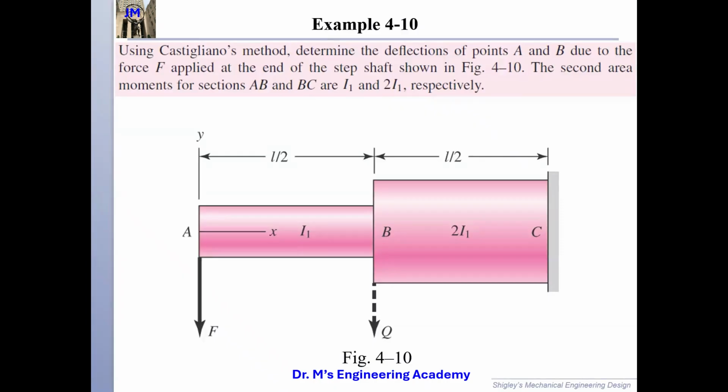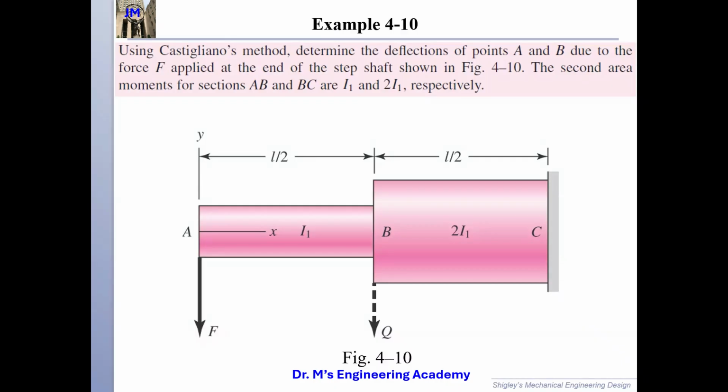So this guy reaches the state of equilibrium, and that means Mz equals Fx. For this one, I still use that equation: the sum of Mz at point x equals 0, and then we have Fx minus Mz equals 0.